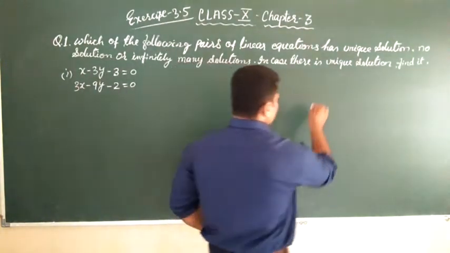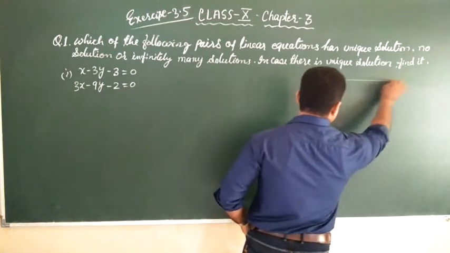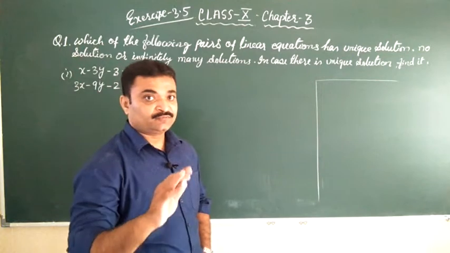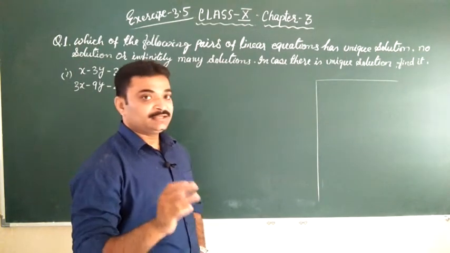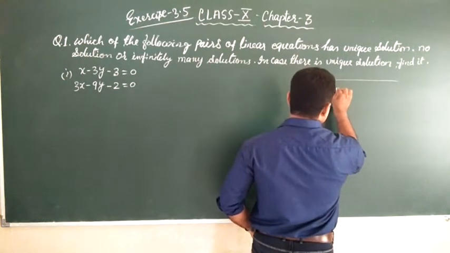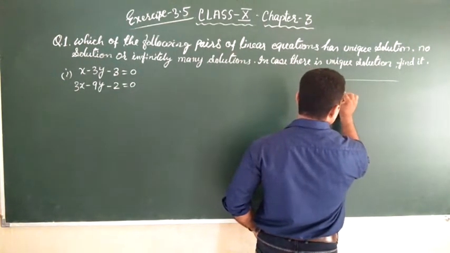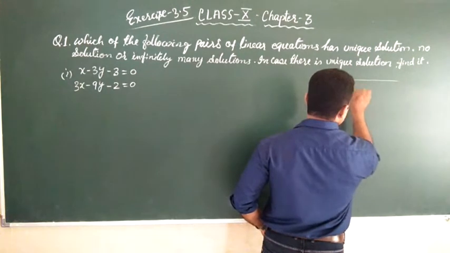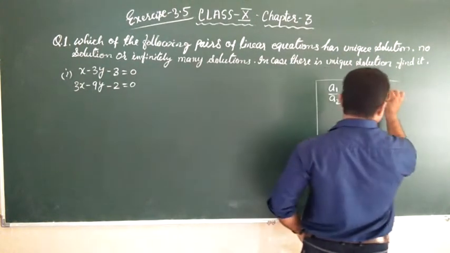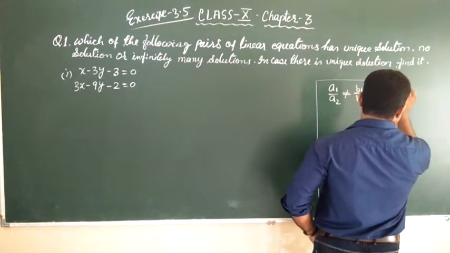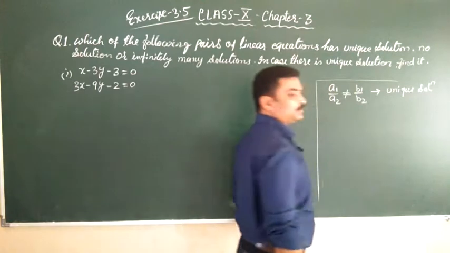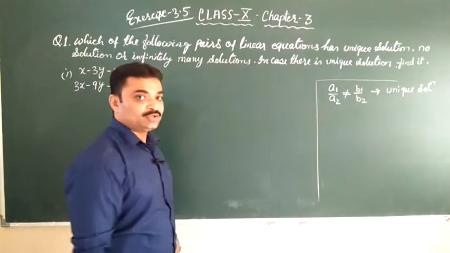One thing you all know: if two lines are intersecting, then the condition was A1 upon A2 is not equal to B1 upon B2. That means we will get a unique solution.